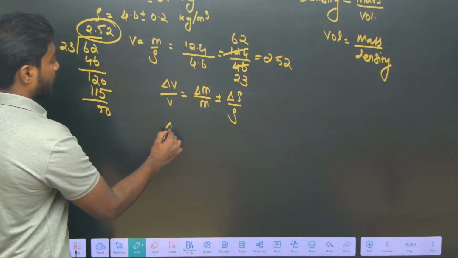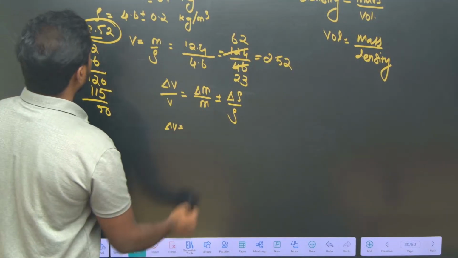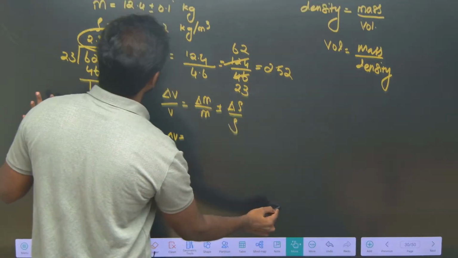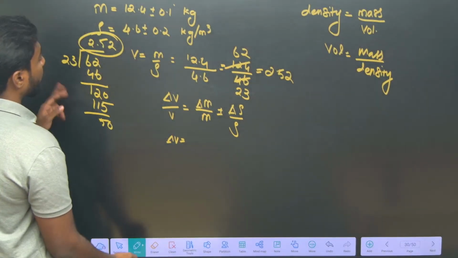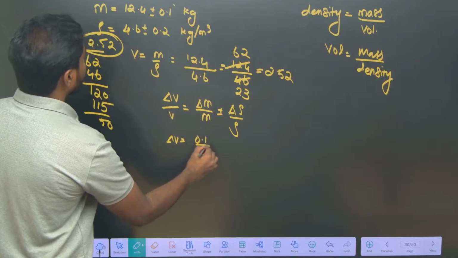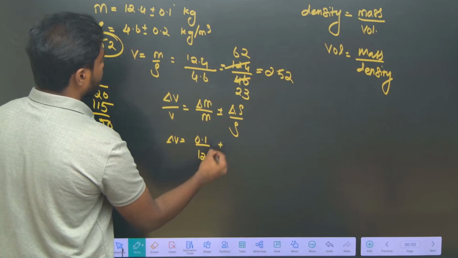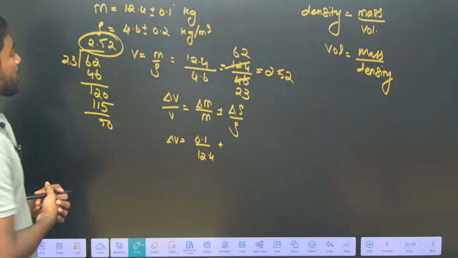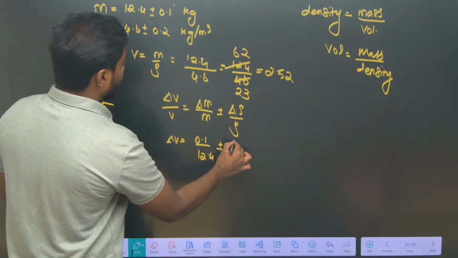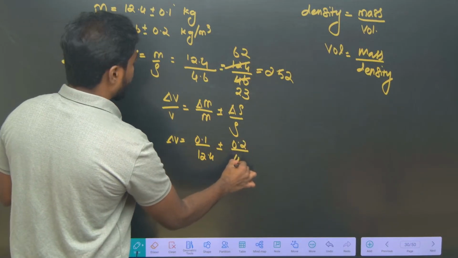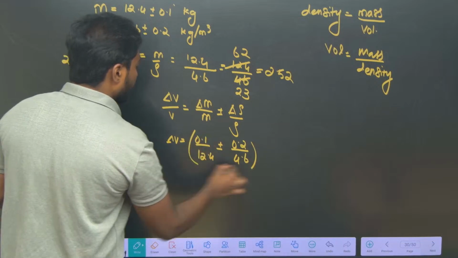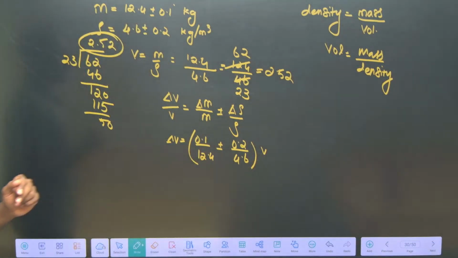So delta V will be equal to delta M, let me see that value here, delta M is 0.1, 0.1 divided by 12.4 plus or minus 0.2 divided by 4.6 into V, okay, yes, no, into V.